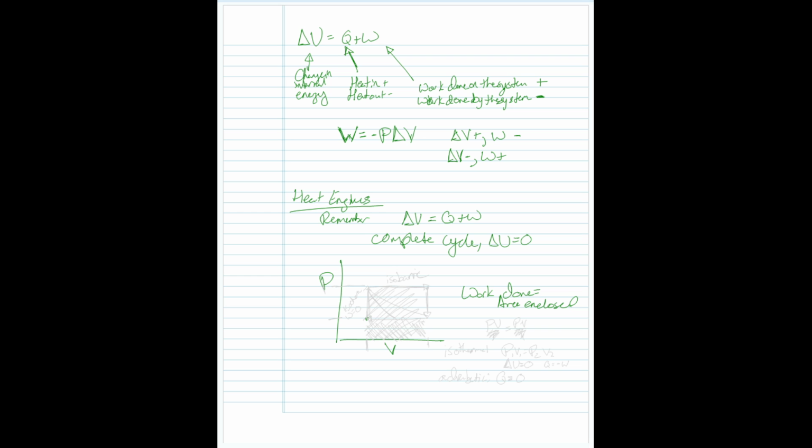So let's say I start here. Certain pressure, a certain volume, and I increase the pressure, but the volume stays the same. We refer to that as isochoric, and the work done is 0 because the volume is not changing.